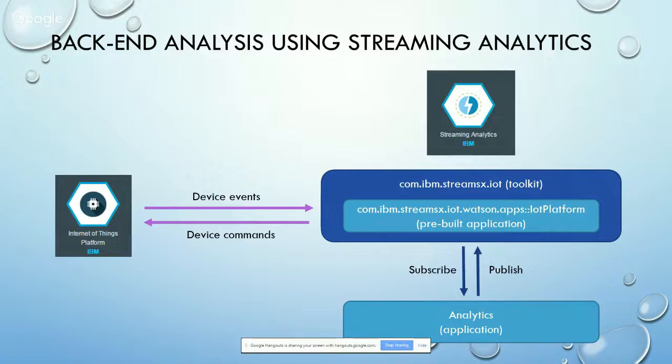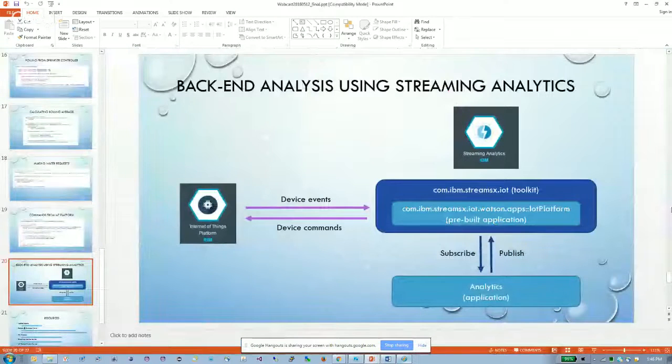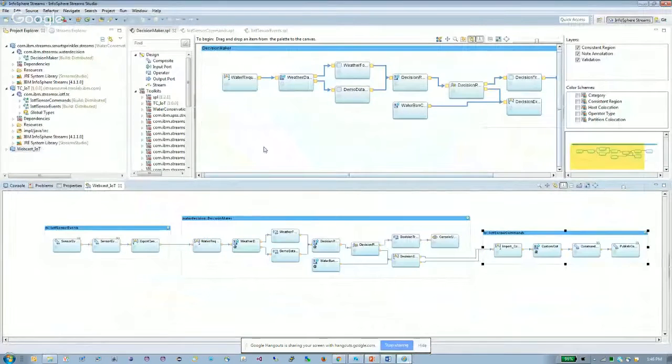Okay, so let me show you an overview of the Streams application that does the actual analytics. So I'm switching over to Streams Studio, which is an Eclipse-based development IDE for developing Streams applications. I have a couple of projects here containing my Streams applications, and this IDE also provides a graphical editor that allows me to construct a Streams application using drag and drop.